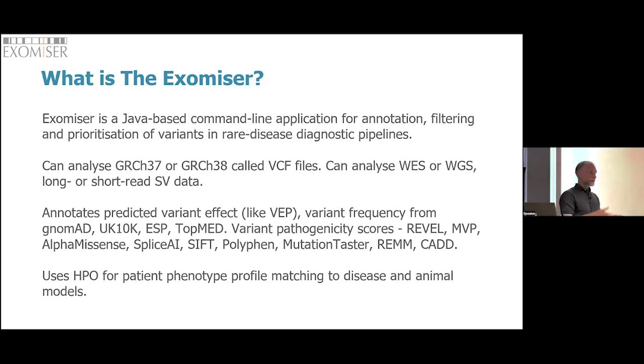Likewise, if you have just the genetic information and you're filtering on it, you'll find that you have thousands and thousands of variants left over, and you have no clue how to stratify them because they can all look equally pathogenic. So the HPO is a very key part of this, and the most important part is to put the two together, so you have an idea about what you're looking at.